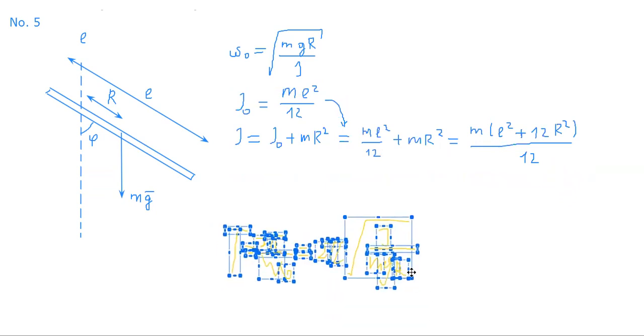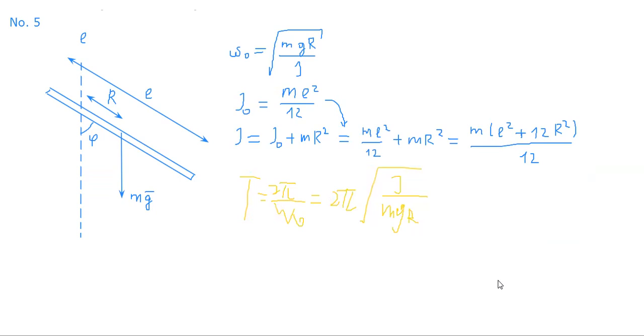This will be 2 pi square root of L to the power of 2 plus 12 r to the power of 2, divided by 12 g r.